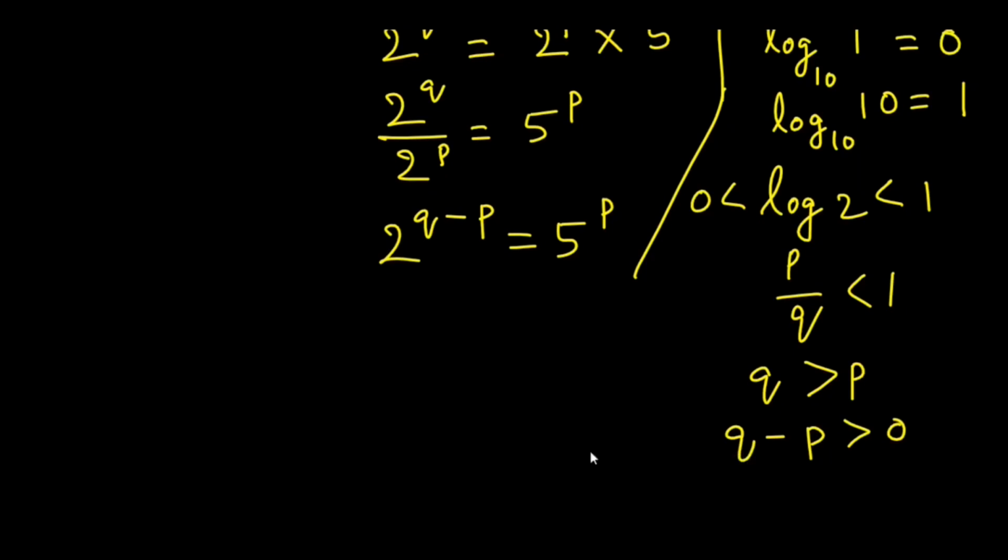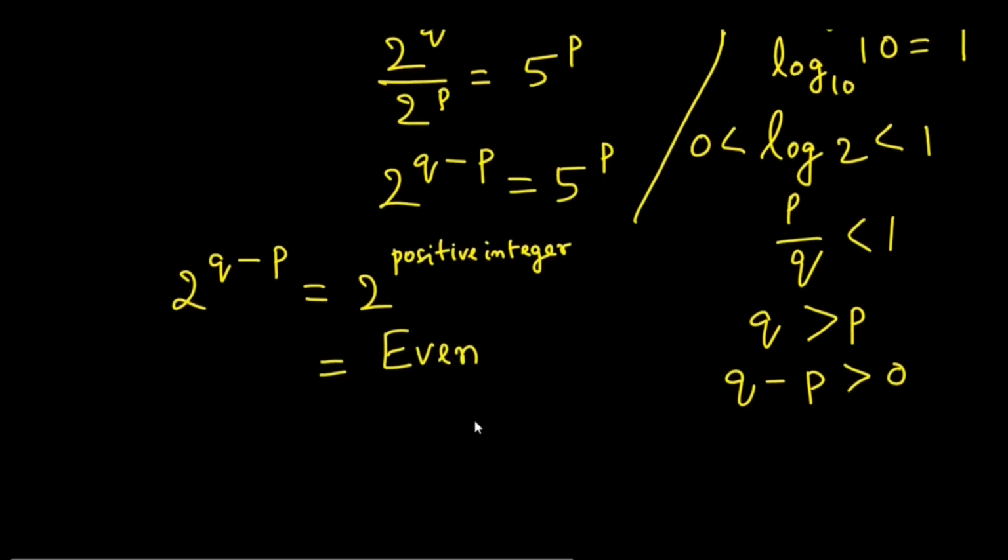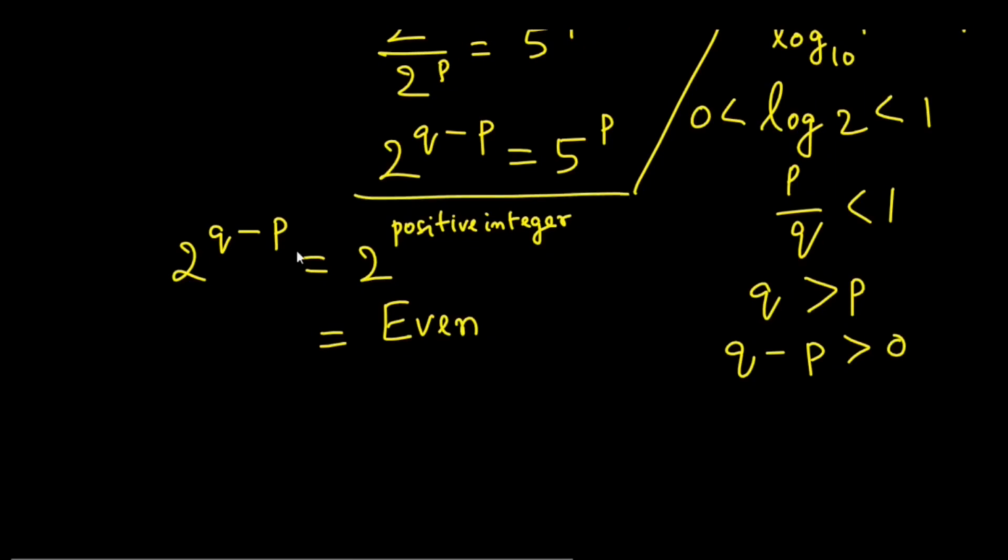Here we got 2 power q minus p. Q is an integer, p is an integer, so q minus p is a positive integer. 2 is an even number, so any positive integer power of 2 is also an even number. So the left side of this one is even.